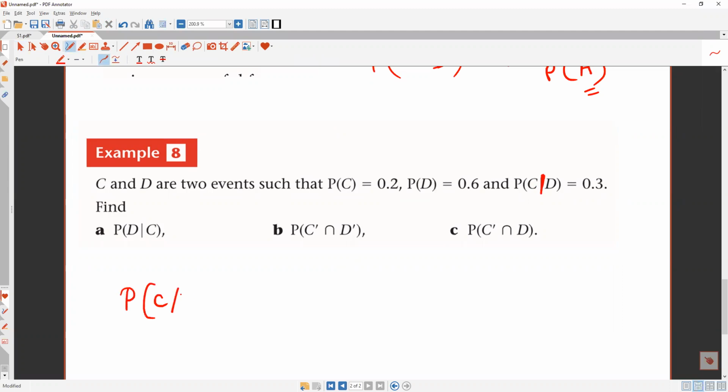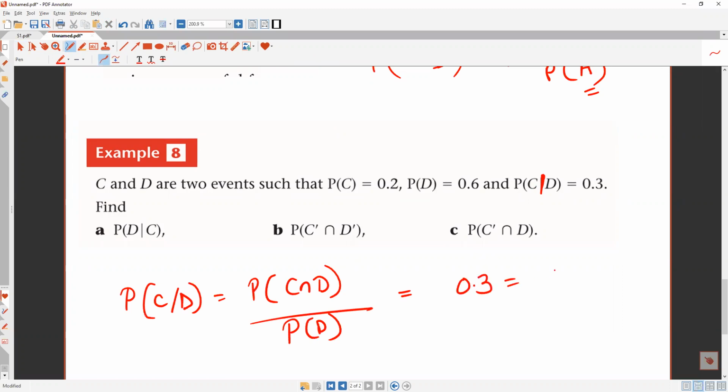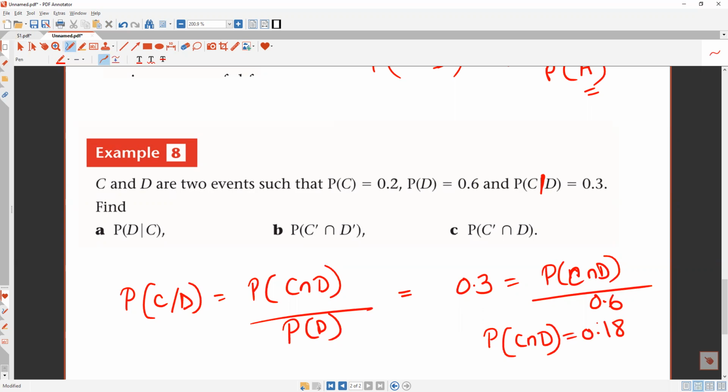P C slash D is equal to probability of C intersection D divided by probability of D. C/D কত 0.3, C intersection D কত জানি না, PD কত 0.6, so 0.3 into 0.6 multiply করো, answer will be 0.18. So probability of C intersection D is equal to 0.18. সবাই কি বুঝছো?